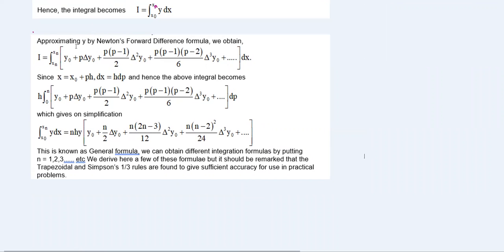Now, what is this formula? What we write is, this is actually a Taylor series expansion, but numerically written. So y can be written as, I'm explaining this here.